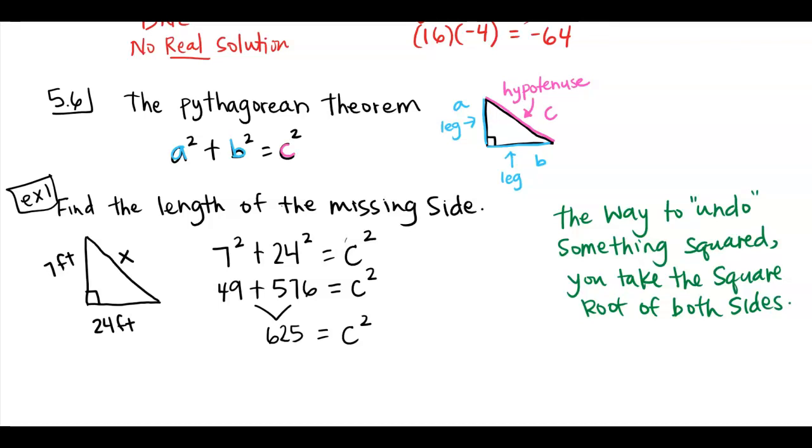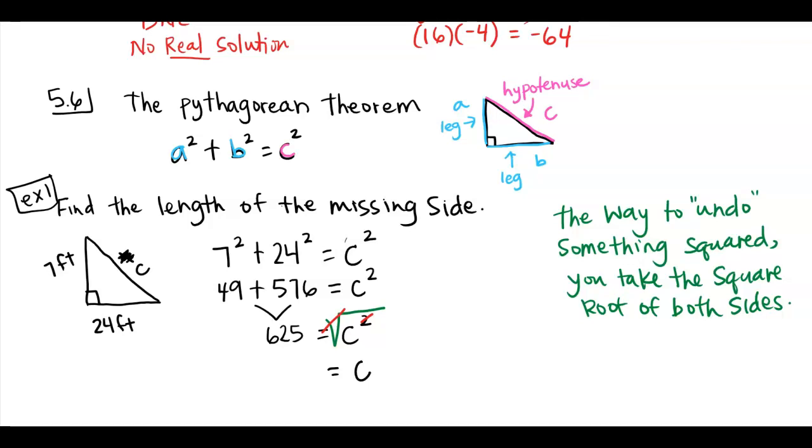So look here, I'm trying to get this c by itself, and right now it's squared. If I square root this side, this square root and this square are opposite operations, so they just undo each other, and that just leaves me with c on this side. And that's what I want to know, how long that side is. On this one, I put an x there, but maybe I should put that down as a c, just to make sure you know they don't always use a, b, and c.